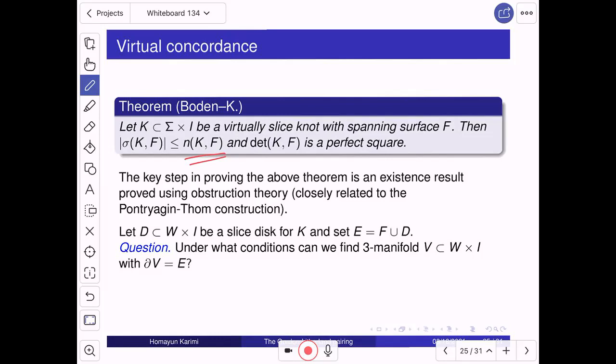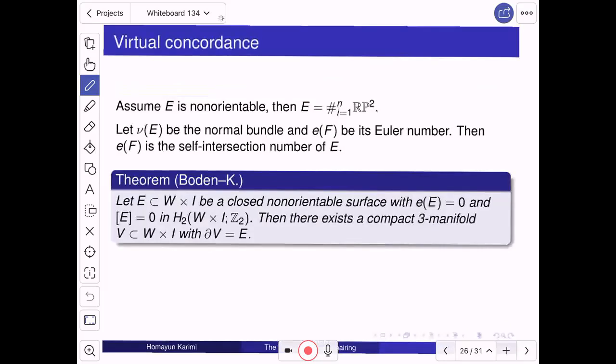You get a closed surface E. And the question is, under what condition does this surface E inside W cross I bound a three-manifold V? So if such a three-manifold V exists, then you can prove this result. So the first step is to show such a manifold exists.